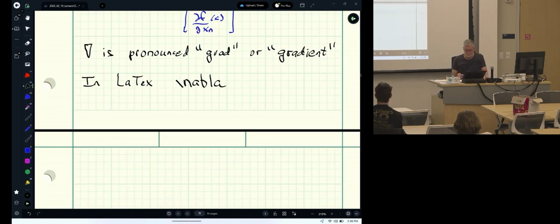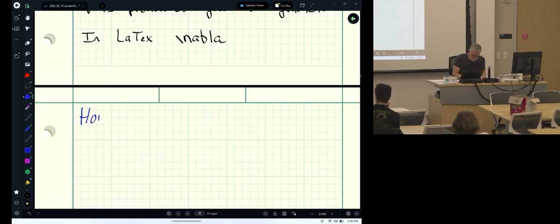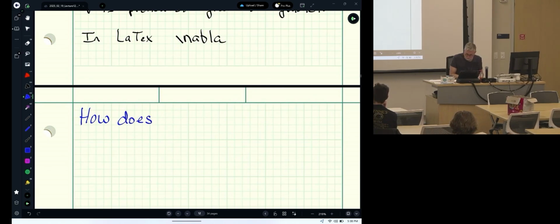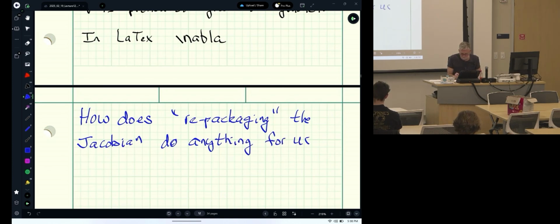Everything else is a row matrix, etc. So the big question now is, how does repackaging the Jacobian do anything for us? Well, how could it possibly be important?